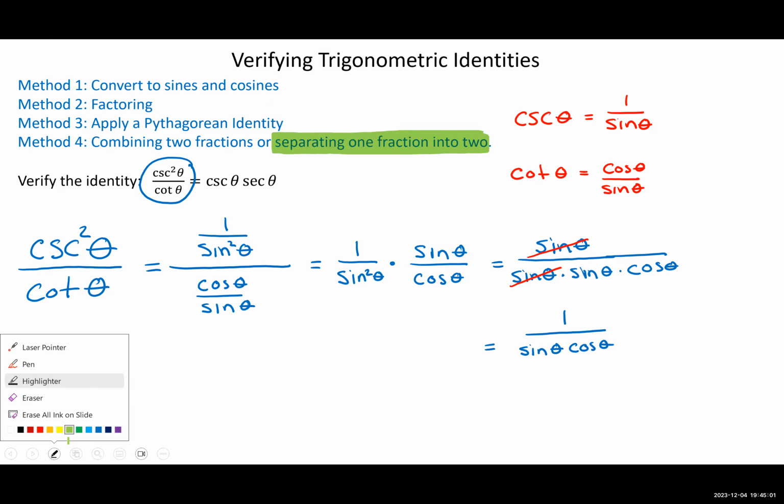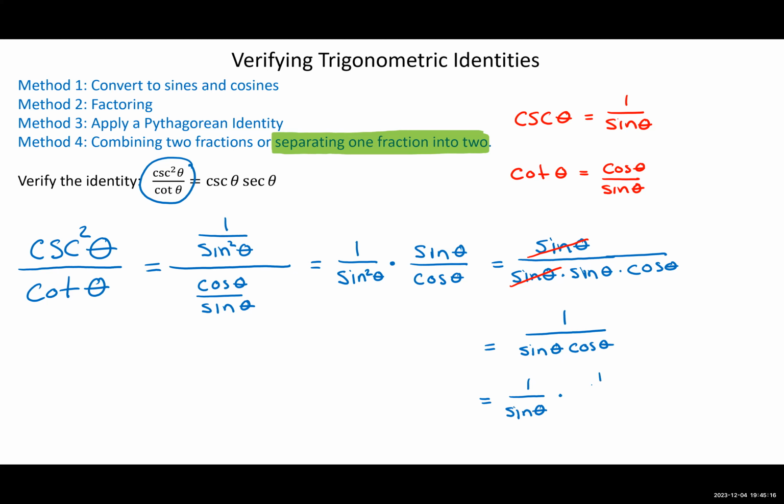So we could take the 1 over sine theta cosine theta, and we could rewrite that as 1 over sine theta times 1 over cosine theta. And now I think we're there.